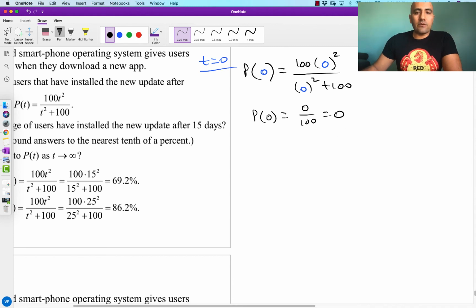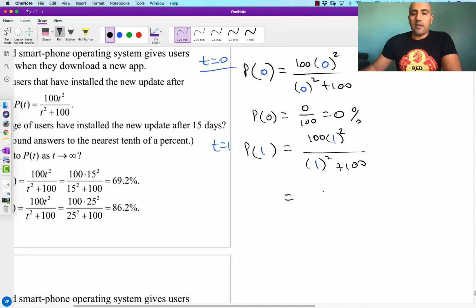So on day 0, 0% of the population has updated the software. What about day 1? T equals 1. Then we'll end up with P of 1 equals 100 times 1 squared all over 1 squared plus 100. So we'll get a 1 there, a 1 there, a 1 there. So we end up with 100 divided by 101.